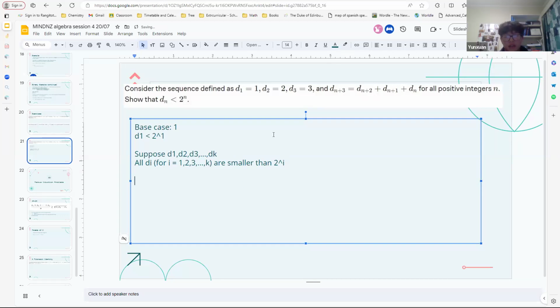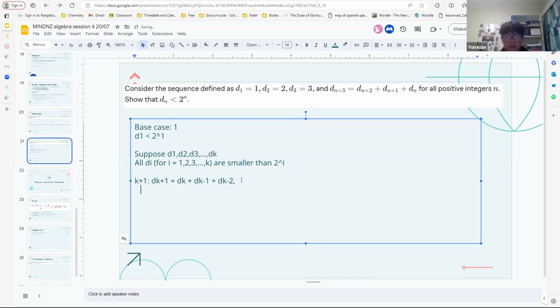So this would mean for k plus 1, where d(k+1) equals dk plus d(k-1) plus d(k-2). We know that dk is smaller than 2 to the k, d(k-1) is smaller than 2 to the k minus 1, and d(k-2) is smaller than 2 to the k minus 2.